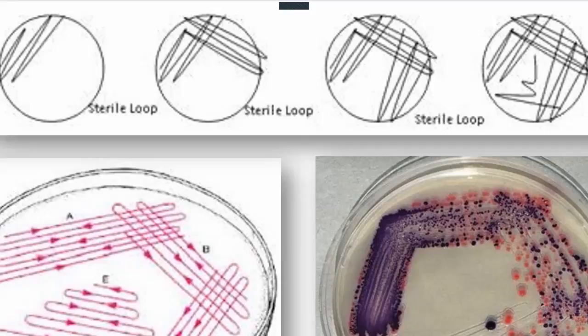But for learning, consider the number of microbes on a loop. When I started to do continuous streaking, the number of microbes is reducing.